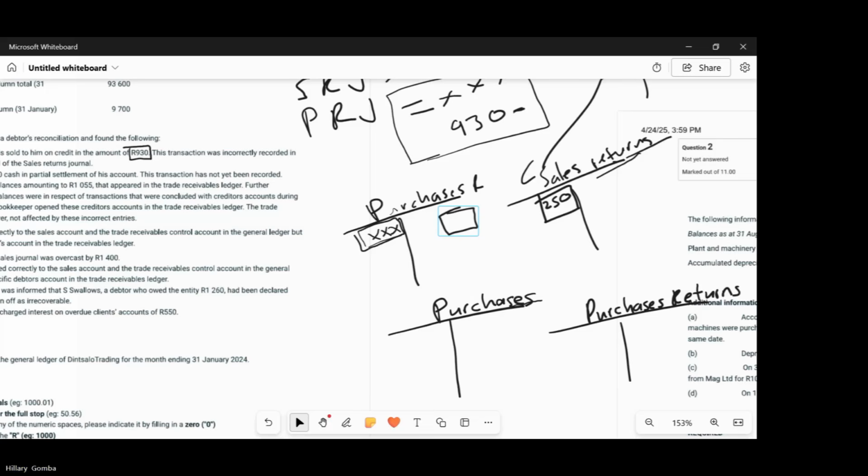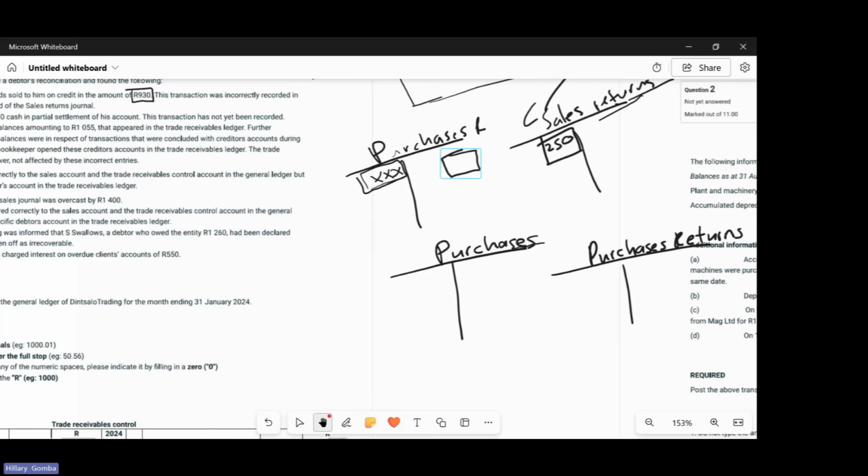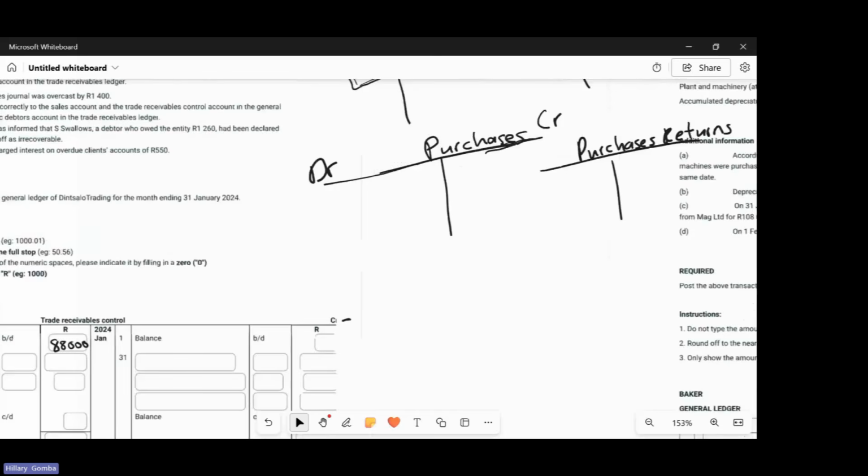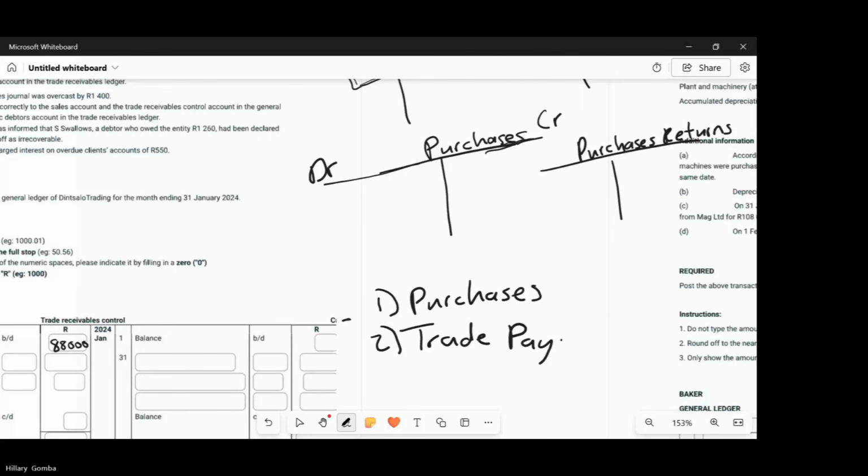Okay. Here's our T account of our purchases, which is the DR, and then we have the CR. We bought goods on credit. Remember, if you have bought something on credit, two accounts are being affected. The first one is what? Purchases. Which means the second one is what? Trade payables, right?